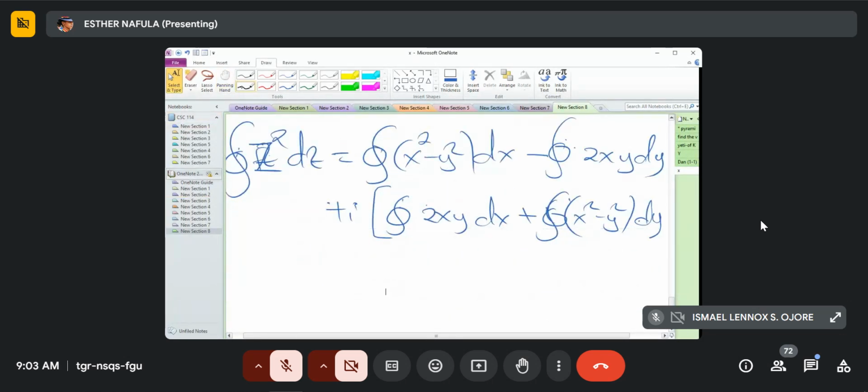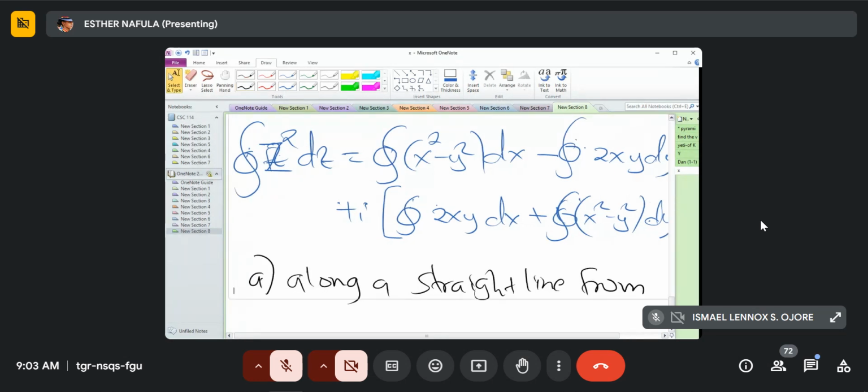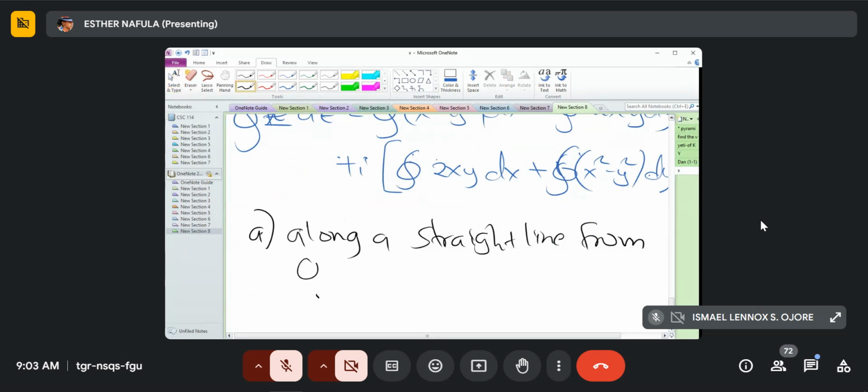So for part A, we are told along a straight line from 0 to 3 plus i. We need to determine the equation of the straight line from 0 to 3 plus i.